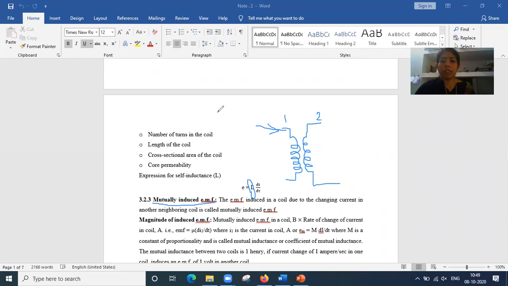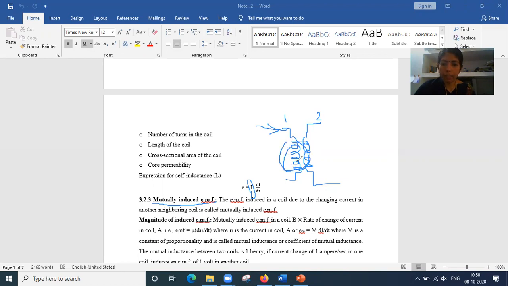When an alternating current is applied to a coil, it will produce a magnetic field. Whenever a current flows through a coil, it produces a magnetic field.